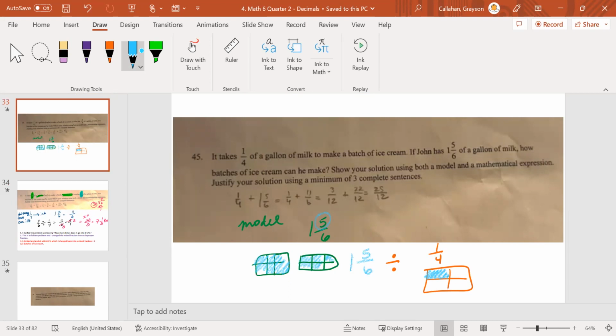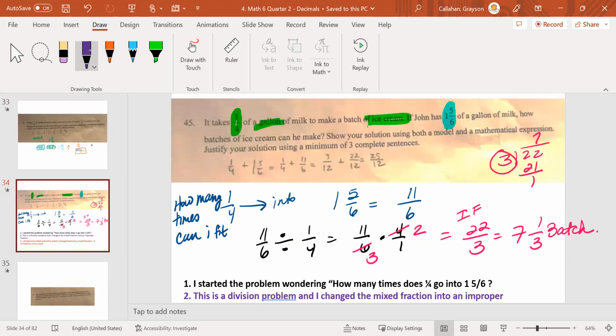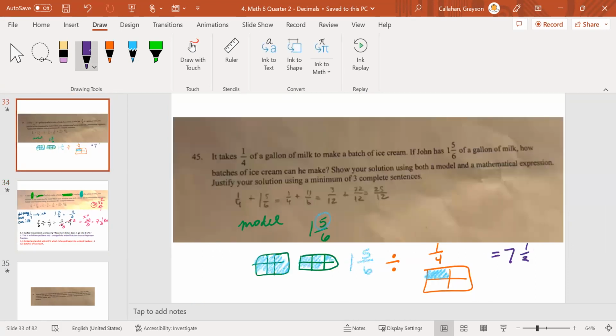So you could go ahead and model showing it like this, but the actual showing of modeling is very complicated, obviously, right? So if you have time, I would just show it like this, okay? And then write equals, and what was your answer again? It was 7 and 1/3.